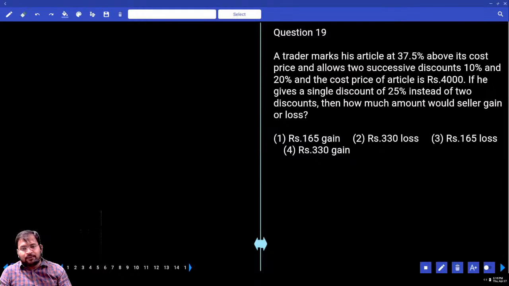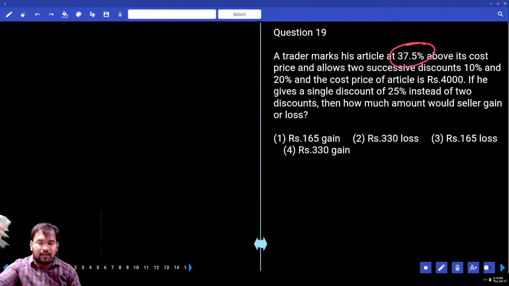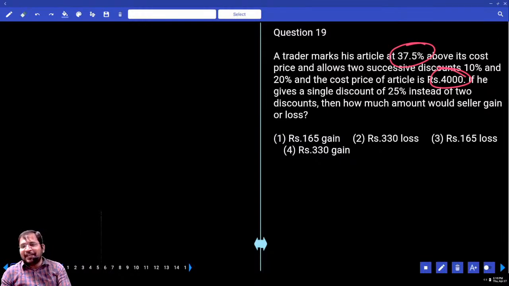Very good. See here. 37.5% above the cost price, clear? 4,000. 37.5 is nothing but 3 by 8, as 12.5 is nothing but 1 by 8. 3 by 8 of 4,000 is 1,500. It becomes 5,500. MRP will be 5,500.